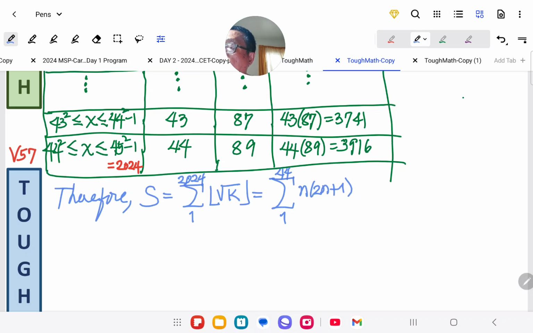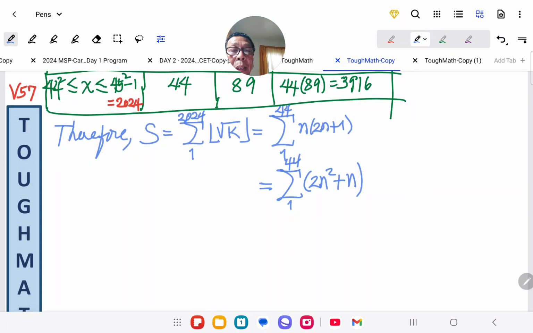Okay? And this is equal to the sum of 2n squared plus n from n equals 1 to 44. Let's break this down into two sums.